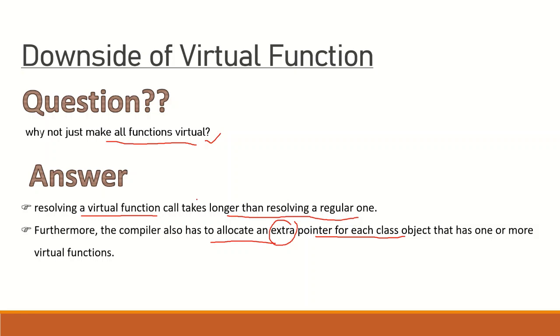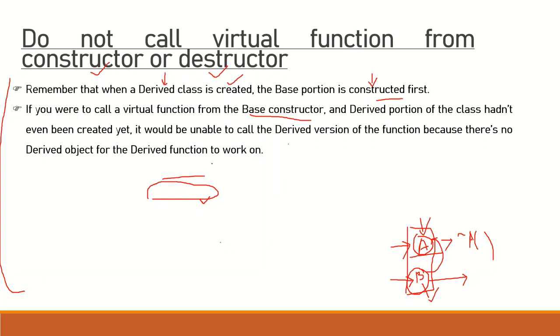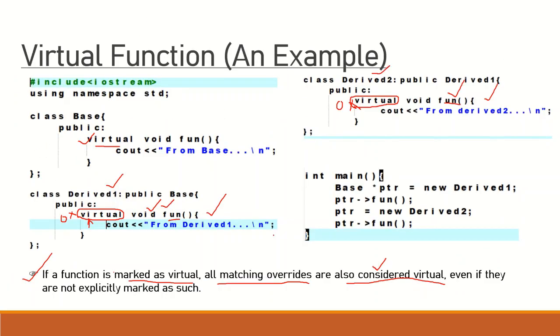To resolve a function call, if you go back to our previous examples, how many classes do we have here? We have three classes: class Base, class Derived1, and class Derived2. For each and every class, the compiler will allocate one pointer because the class has a virtual function.